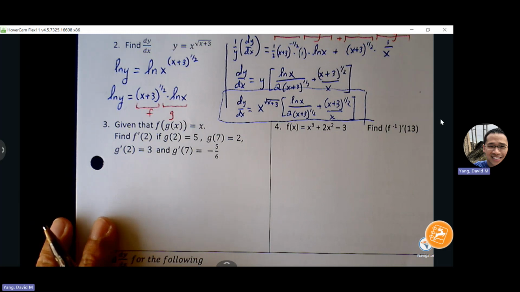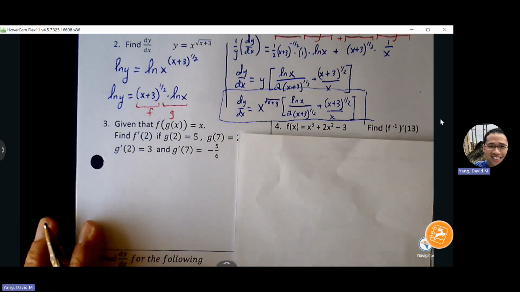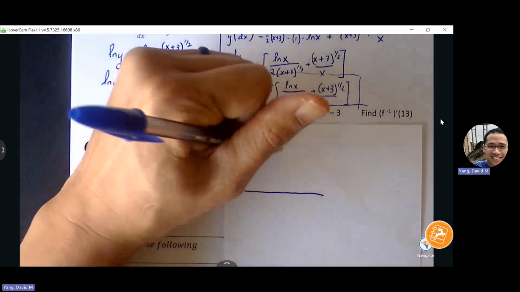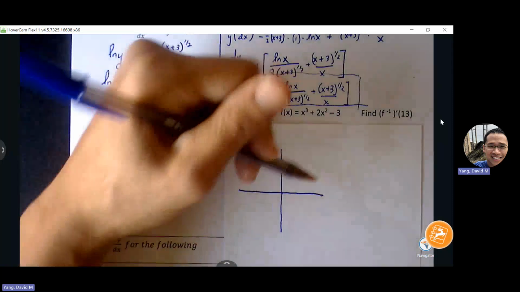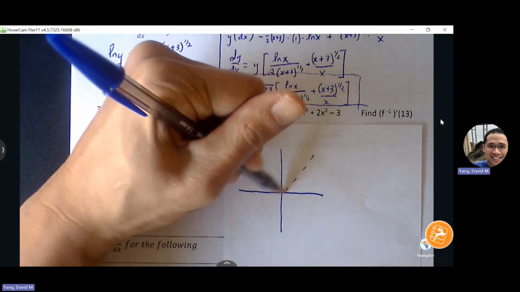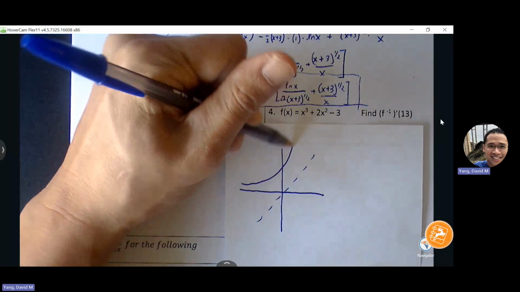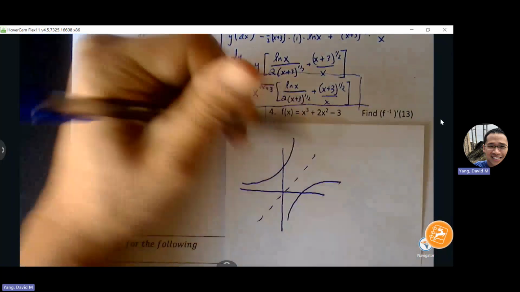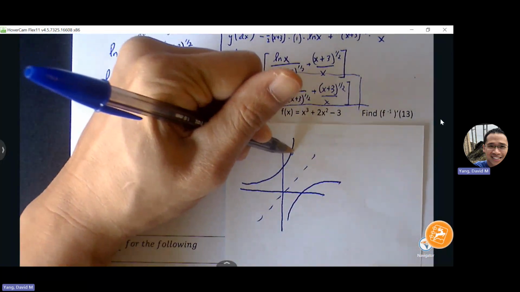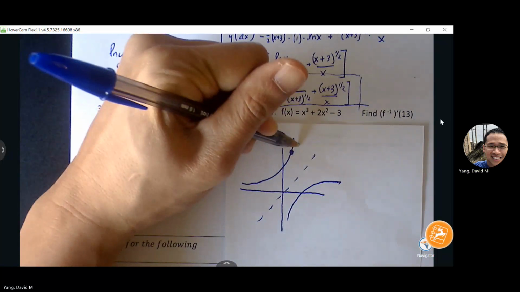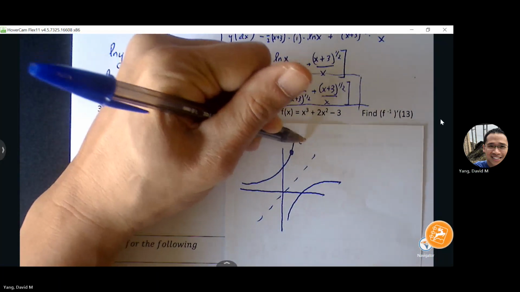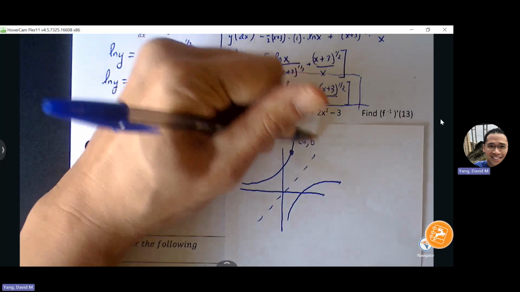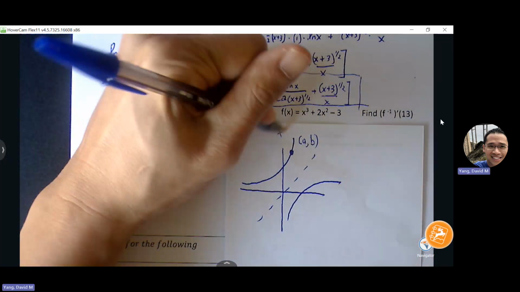Okay, number 3 and 4 involves derivative of inverse at a point. So let me remind us of the steps that we did for those. Remember that we have a special relationship between a function and its inverse, not only at order pairs, but also at the slopes. So let's say there's an order pair a comma b on the original function.